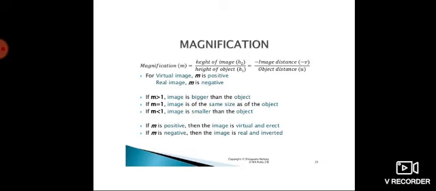If m is lesser than 1, the image is smaller than that of an object. If it is smaller than the object, the mirror used there is a convex mirror, right? And if m is greater than 1, the image is bigger. If the image is bigger, I can understand that the mirror being used there is a concave mirror. You understood this concept very clearly.